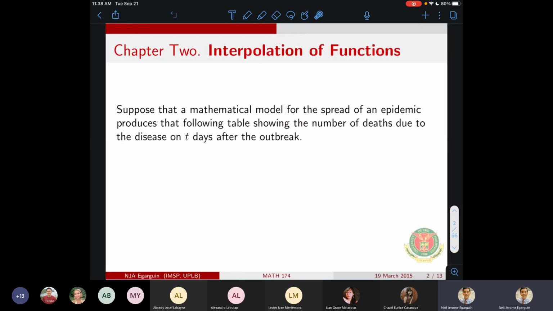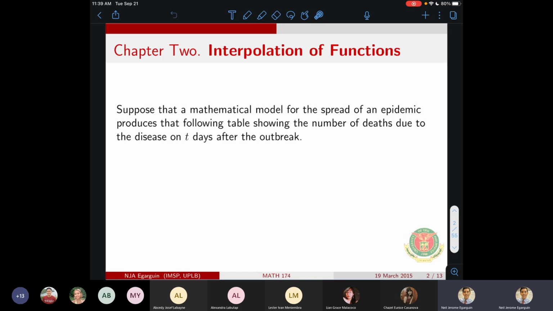But let's start. So what do we want to do in interpolation? So there are several instances in the real world wherein we cannot use the tools that we learned from our calculus courses. Remember, in Math 36 and 37, there are so many applications on derivatives and integrals, and in Math 17 or your algebra courses, many applications.